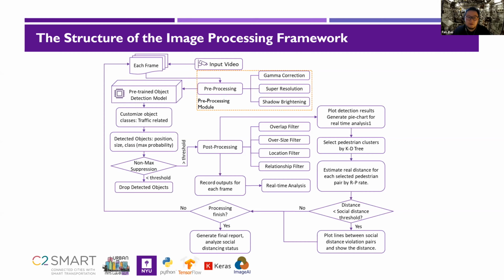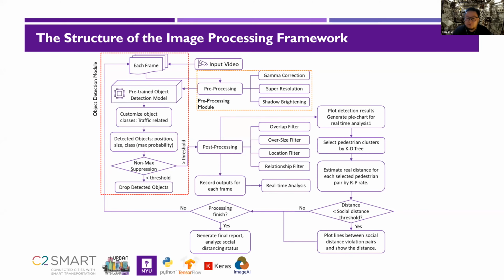The first one is the pre-processing model, because the raw input can use some pre-processing to improve the performance of the object detection model, such as brightening the shadows or correcting the gamma to make the input better for the object detection models. And second, we will have the object detection model, which is one of the most important parts.